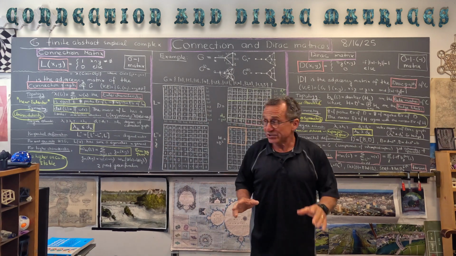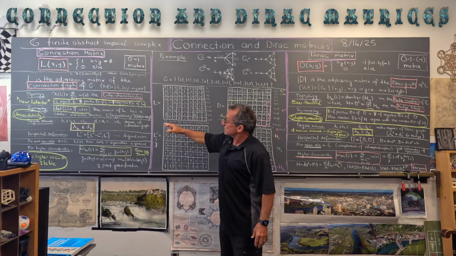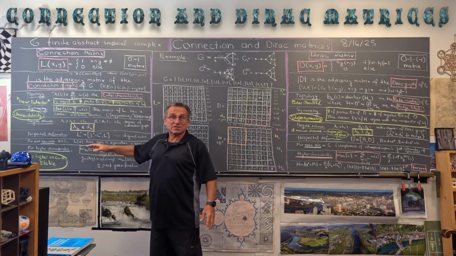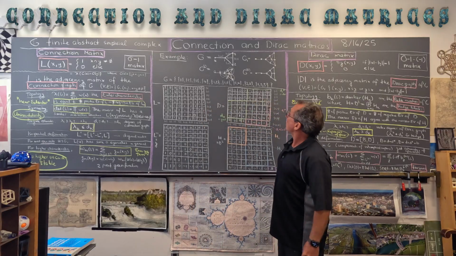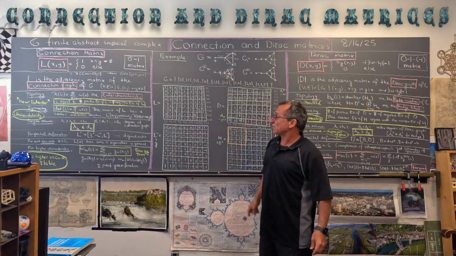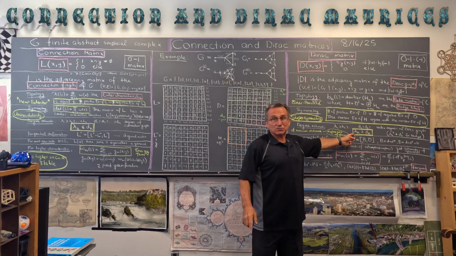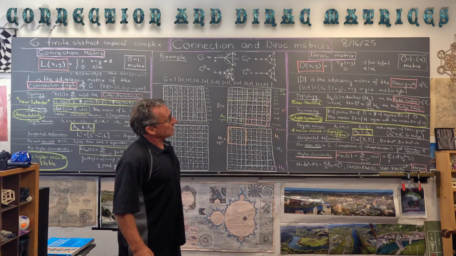Now, for estimation, in this case we can also use the degree, so the eigenvalues are bounded by the degrees of the graph, and here we can do that also. So the matrices are simple enough that we can do that.